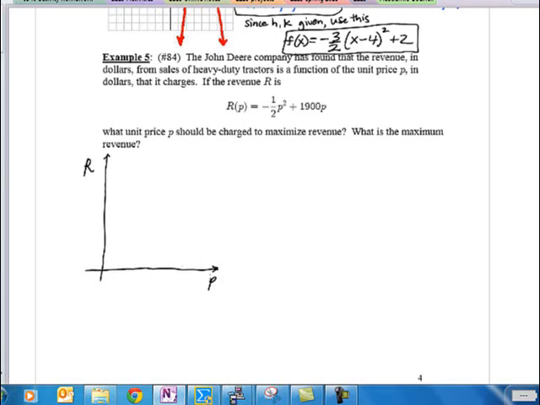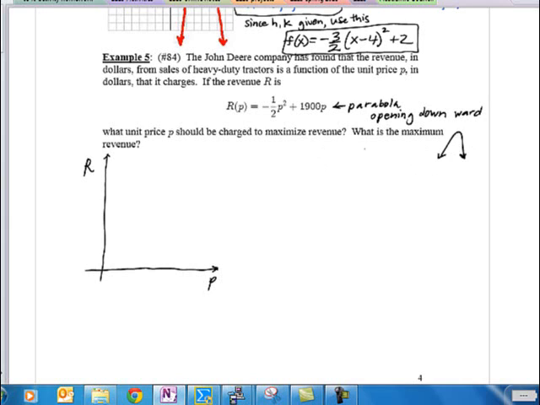The graph is a parabola, opening downward because the A coefficient is negative. So the graph has a maximum point, right? And the maximum point is the vertex of the parabola. So they're basically asking us, where's the vertex?